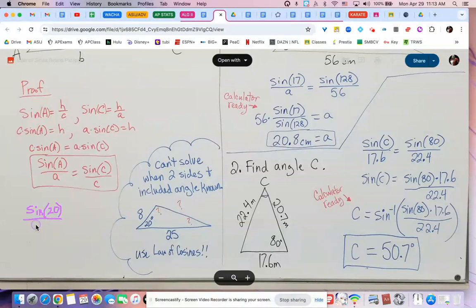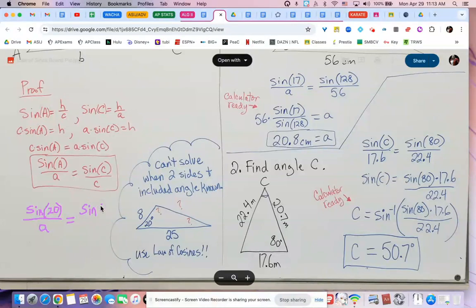So if I have sine of 20, I'm supposed to use the side that's directly across from that, but I don't know what that is. So that's going to be an unknown value. Then I can pick any side I want, the 8 or the 25. That's fine. But again, when I look for my angle, I don't know what those angles are.